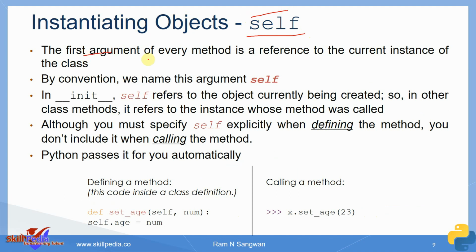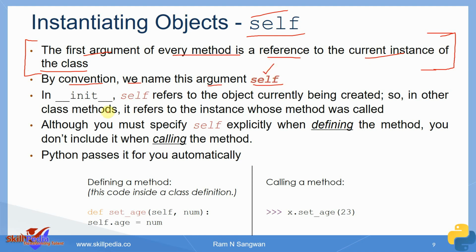The first argument of every method is a reference to the current instance of the class, meaning the current object. Meaning when you are initializing, you need to reserve some space, you need to put something. So self refers to it whenever you create any object of a class. By convention, we name this argument self, convention, not a rule.